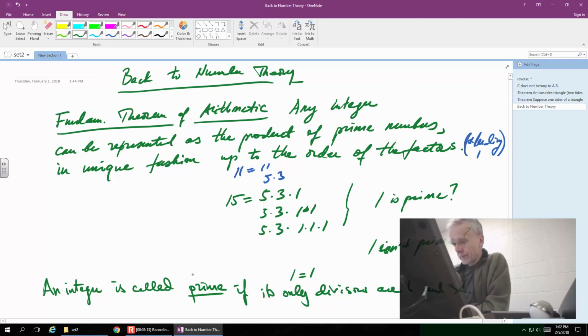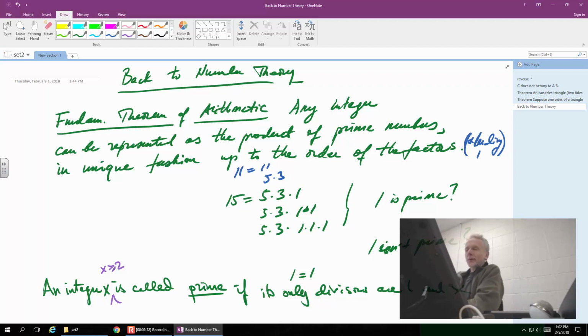Well, x. An integer x is called, and this is how the book handles it, larger than or equal to 2. It's diplomatic because they are not saying that 1, you still could call 1 a prime number if you want to. Okay.